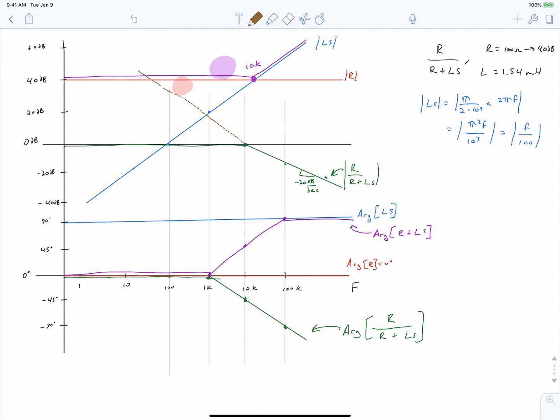And so we could imagine that we could have our regulator behave something like this, where it comes down at a rate of negative 20 decibels per decade. And if we were to continue this hashed brown line at the same rate, we'd be in trouble because we'd be crossing over right here at negative 40 decibels per decade. So what we could do is we could then have this line start trending flat to the right.